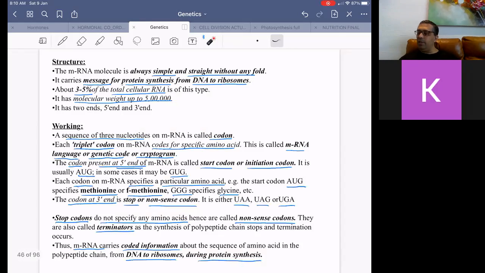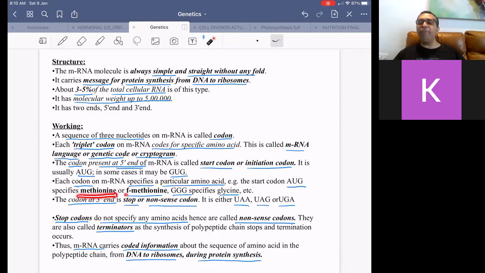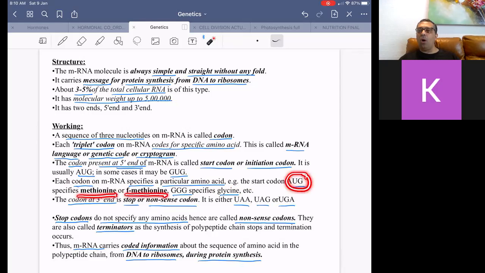And check this here. Each codon on the mRNA specifies a particular amino acid. For example, start codon AUG codes for methionine or F-methionine. AUG always codes for methionine.